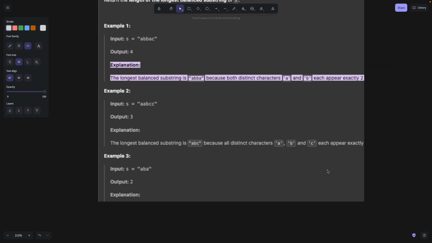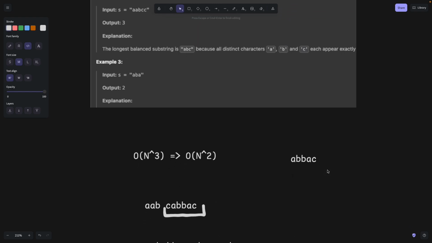In this case, if we keep storing the count of A, B, and C at each index, at index 0, the count of A, B, and C is 1, 0, and 0. At index 1, the prefix count is 1, 1, and 0. Then at index 2, we have count as 1, 2, 0.